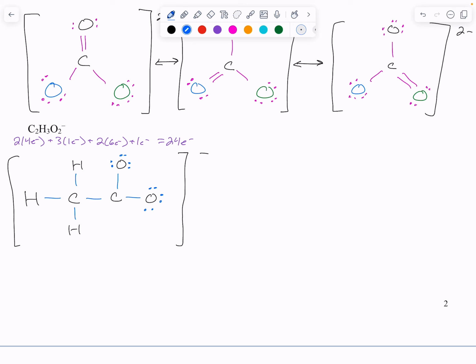Well, carbon's not good. And so most of the time you'll see this written where this oxygen is double bonded. However, we could have double bonded a different oxygen, couldn't we? We could have double bonded that oxygen.